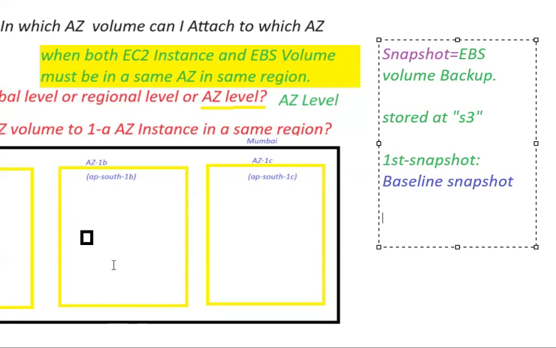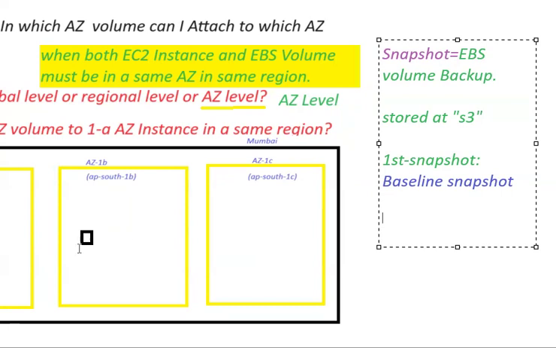Let's say I have put one more movie in this volume. Now if I take the snapshot again, does it need to store the previous data and the present data? No, right. I already took the previous data as the first snapshot, which is the baseline snapshot. Now, since I added a movie, I need to take a backup of it.